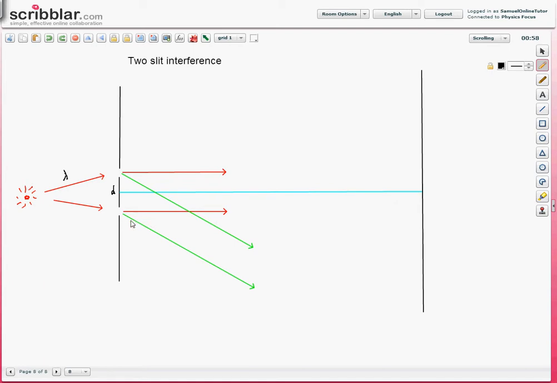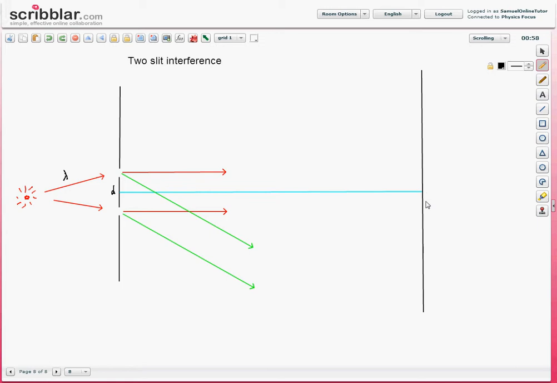Now if you consider these two parallel red lines, this is showing the path taken by light leaving the two slits and travelling straight forward, which will then meet at the point directly in front of this double slit on the screen over on the right. Okay, if it's going to meet, they're not quite parallel, they're slightly convergent.